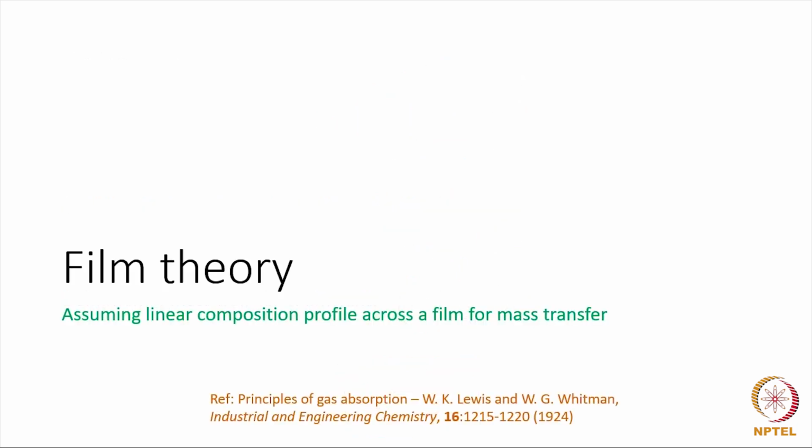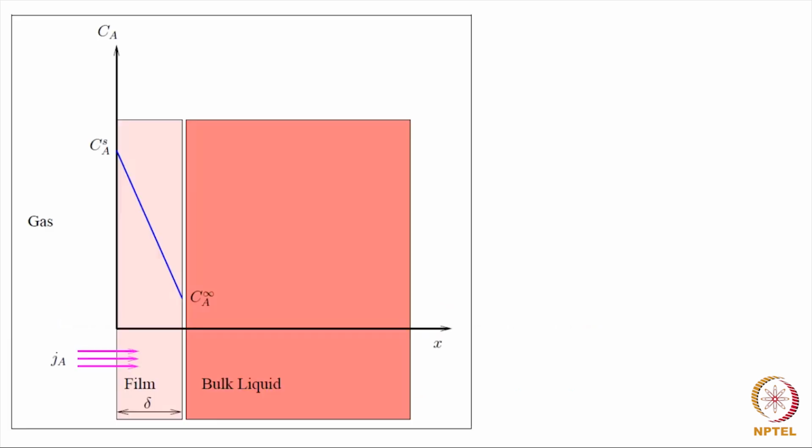Now for other situations you will have little more involved problem descriptions, and a very early solution was proposed by Lewis and Whitman in 1924, which goes by the name film theory. So this is where at an interface between a gas and a liquid, how does the composition vary, and how does it actually help us in determining the mass transfer coefficient.